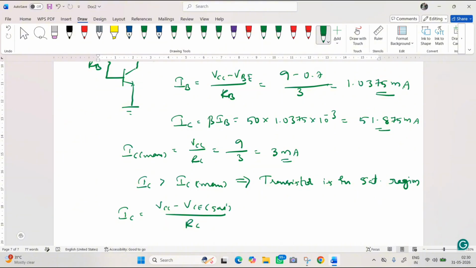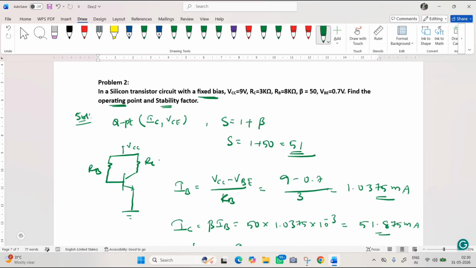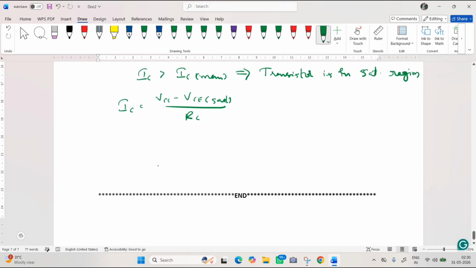Simple enough. If you see here, this is the collector current. This is VCC, and here the voltage will be VCE saturation. So collector current IC is equal to VCC minus VCE saturation divided by RC. By using this expression, we can find it.